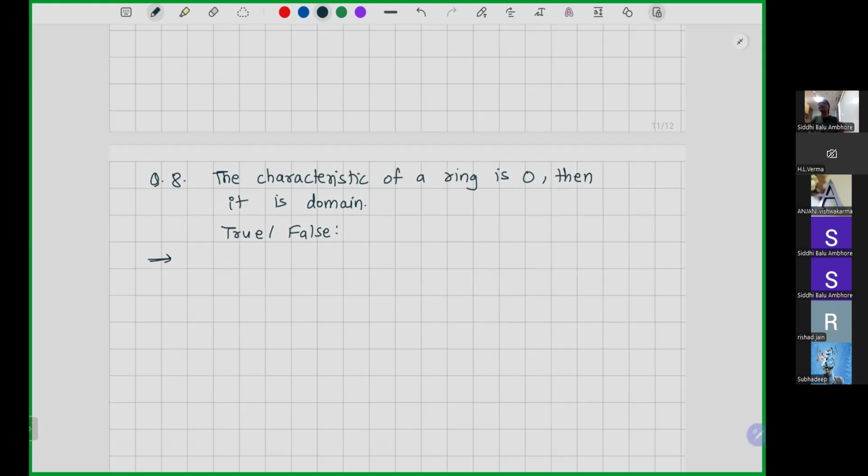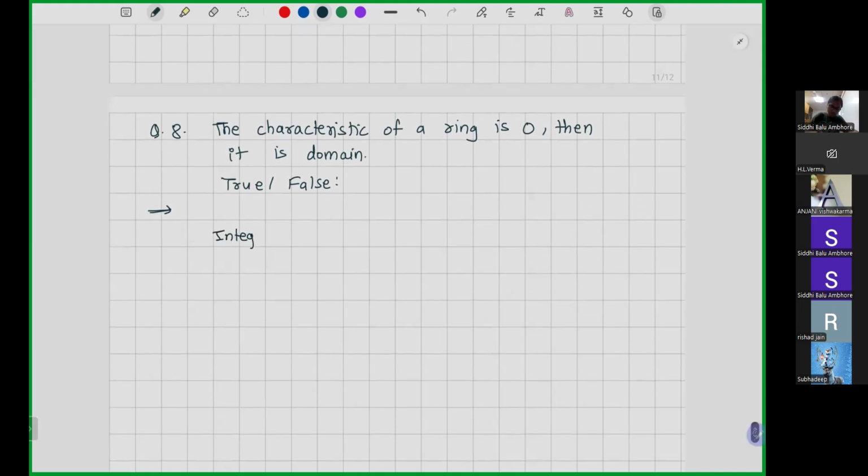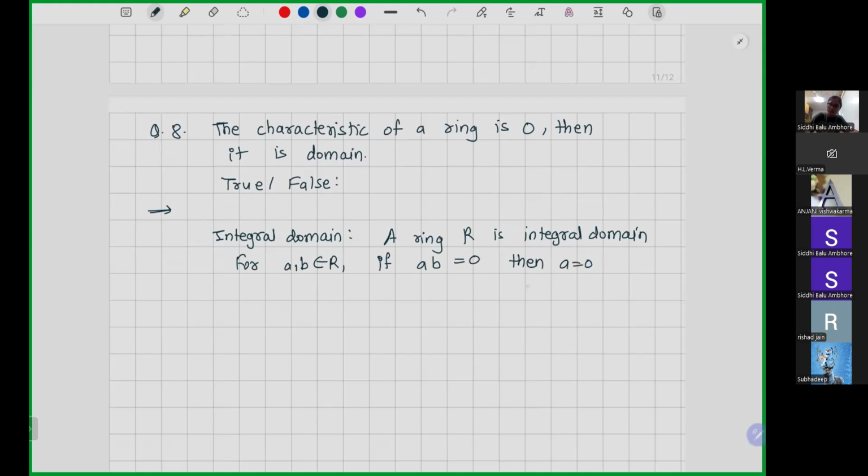Domain means integral domain, right? Okay, so if you don't know what an integral domain is, a ring R is an integral domain if for a, b in R, if ab is 0, then a is 0 or b is 0.